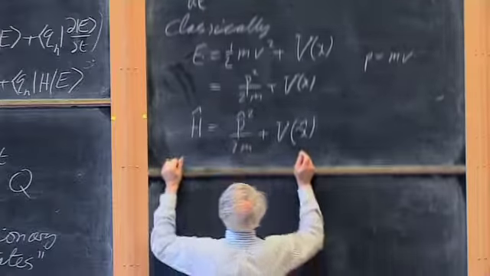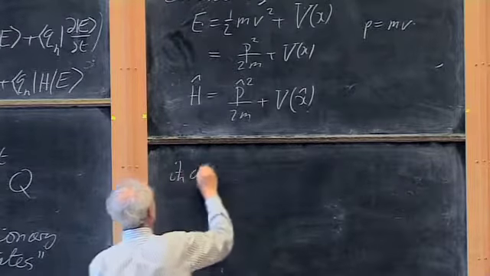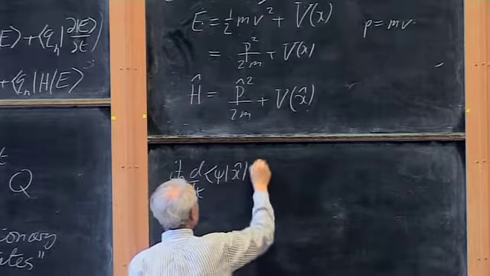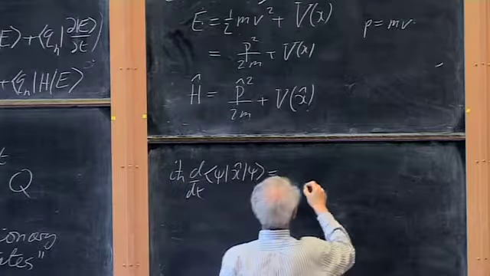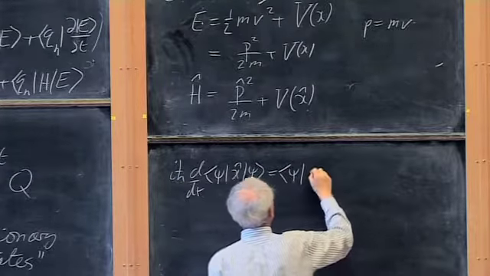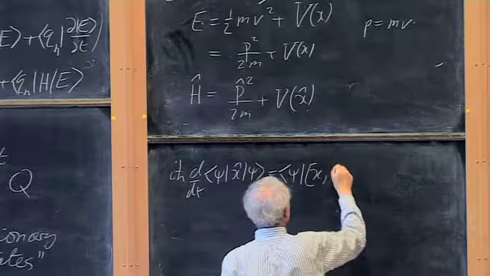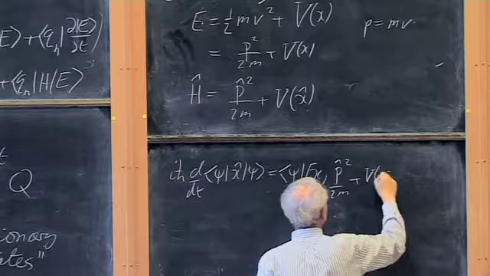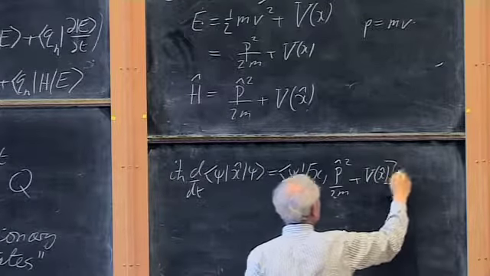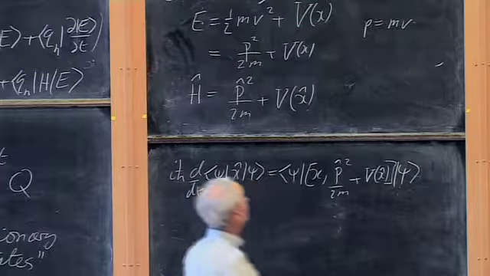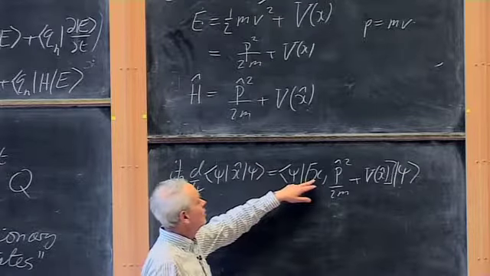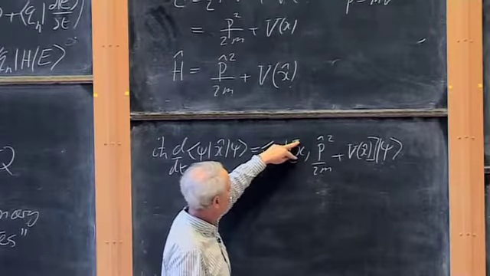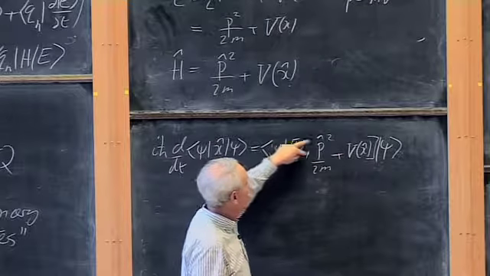Then we're going to have that iħ d/dt of the expectation value of x hat is the expectation value of x commuted with p squared over 2m plus V. But we know that this commutator can be broken down into a sum of two commutators: the commutator of x with p squared over 2m, and the commutator of x with V.